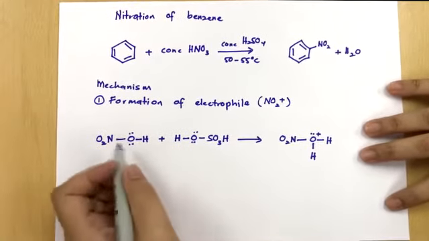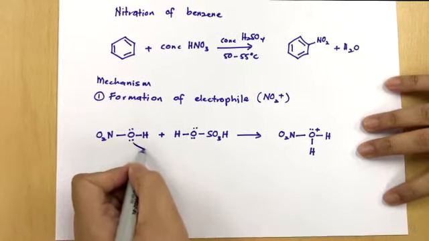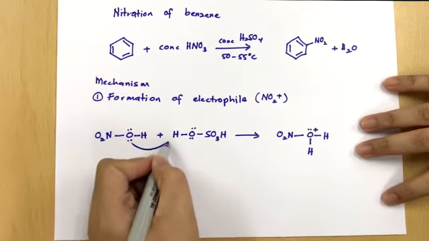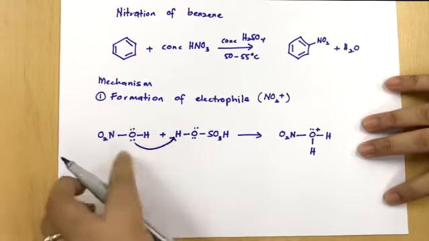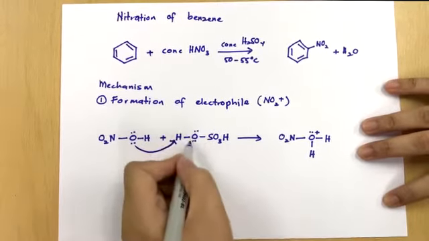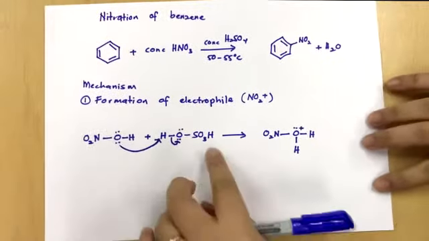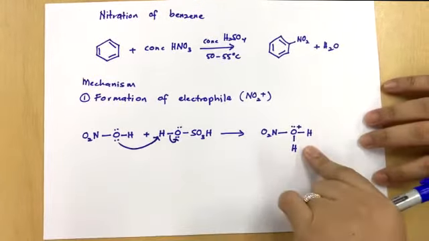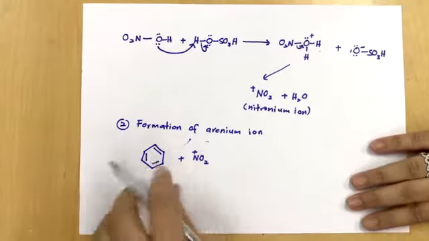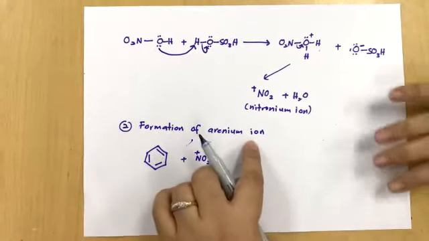So we show the arrows, the electron pair of oxygen goes to hydrogen, and this will form NO2 plus. So the second step is formation of arenium ion.